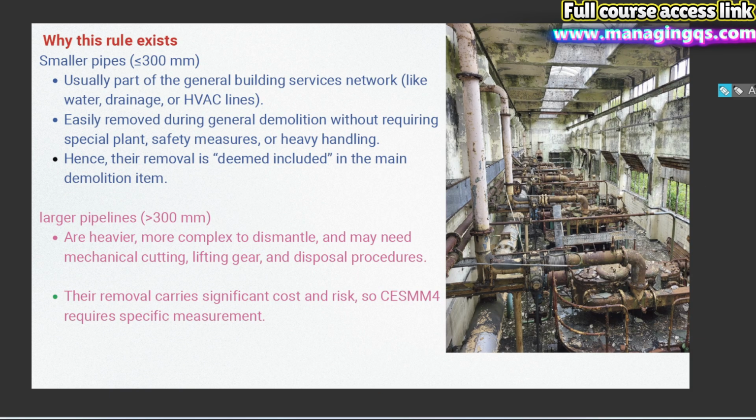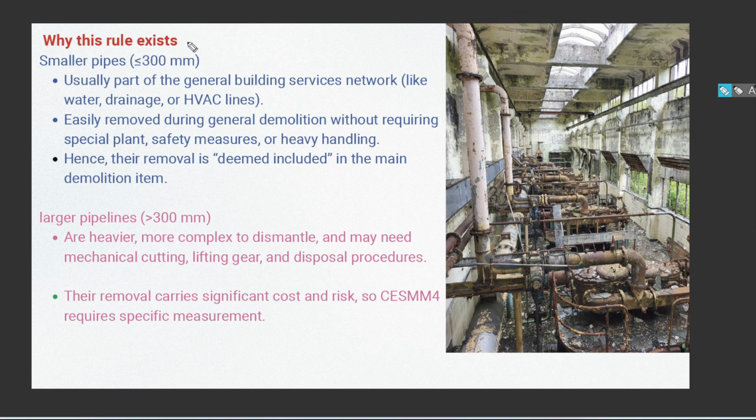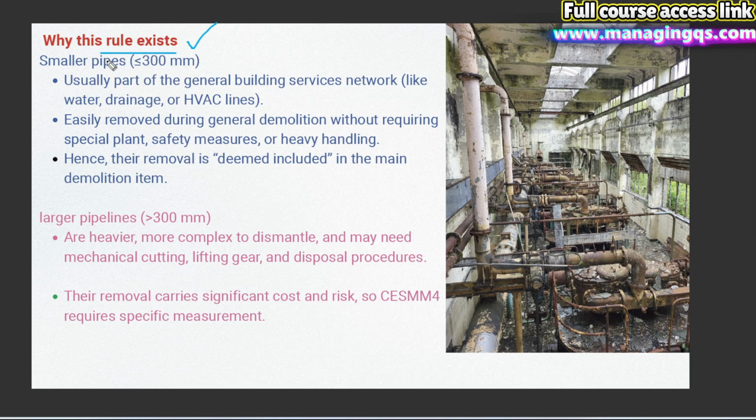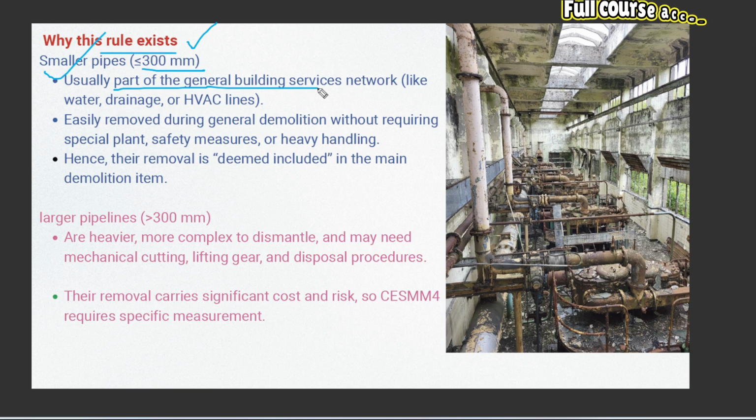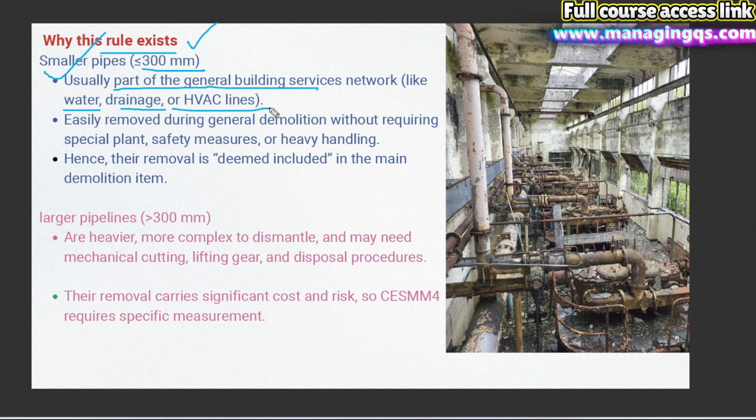Now an additional idea on why this rule exists in the CESMM. Pipes below 300 millimeters are small pipes, usually part of general building services like water, drainage and HVAC lines, so we can easily remove them with no special requirement.